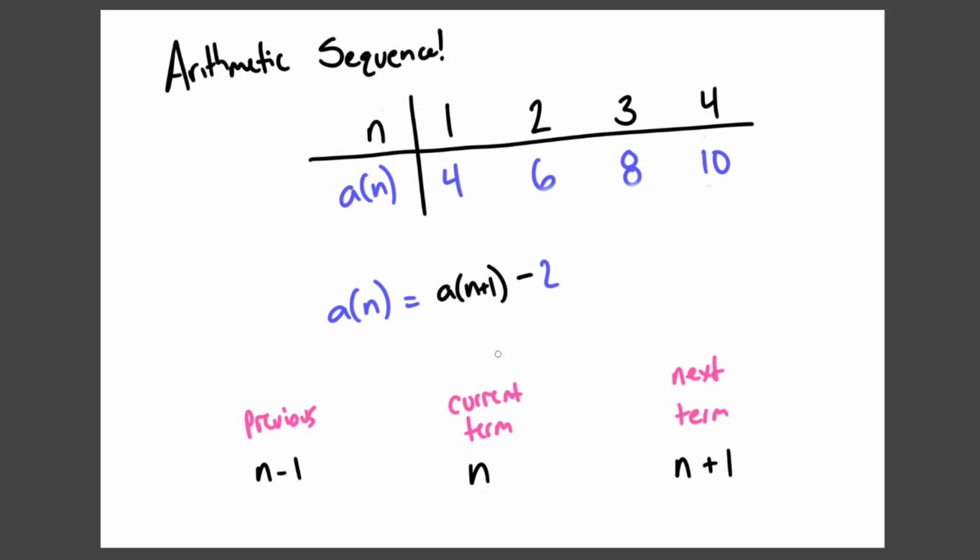But that's the general idea, is that sequences are kind of handy because you can write them in terms of next term or previous term. Cool? In other words, in this one, I'm saying current term is equal to my next term, subtracting by 2. And that's my constant change that's happening. Cool? And that is the basics of arithmetic sequences.